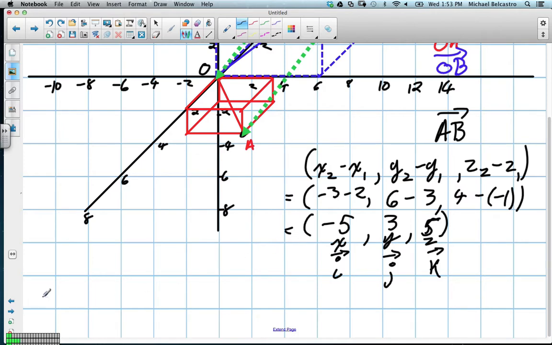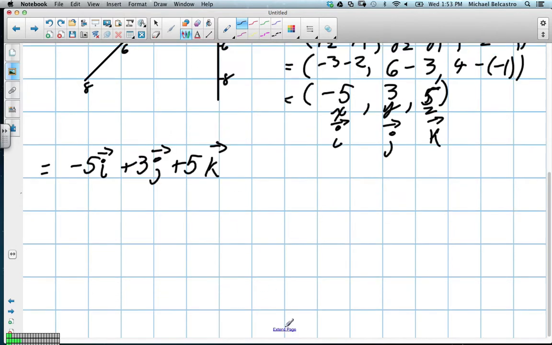So as a combination of unit vectors, we have -5i plus 3j plus 5k. This information is very important because it will help us, instead of using the large distance formula, kind of like Pythagoras' theorem, we can just go back to the other theorem we had before if we want to find the magnitude of our new positional vector OP.